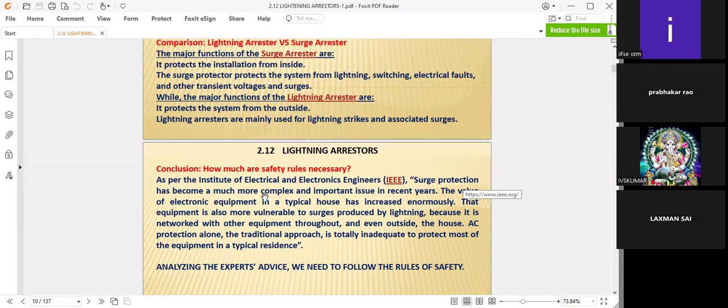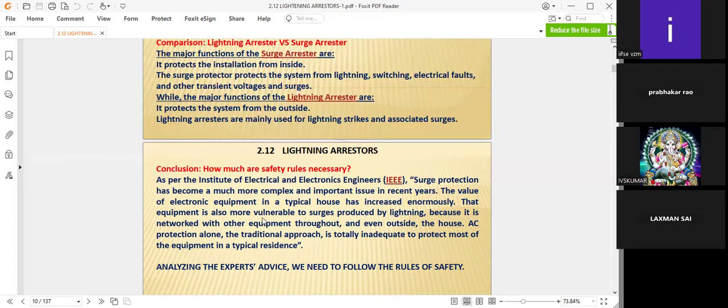The value of electronic equipment in a typical house has increased enormously.